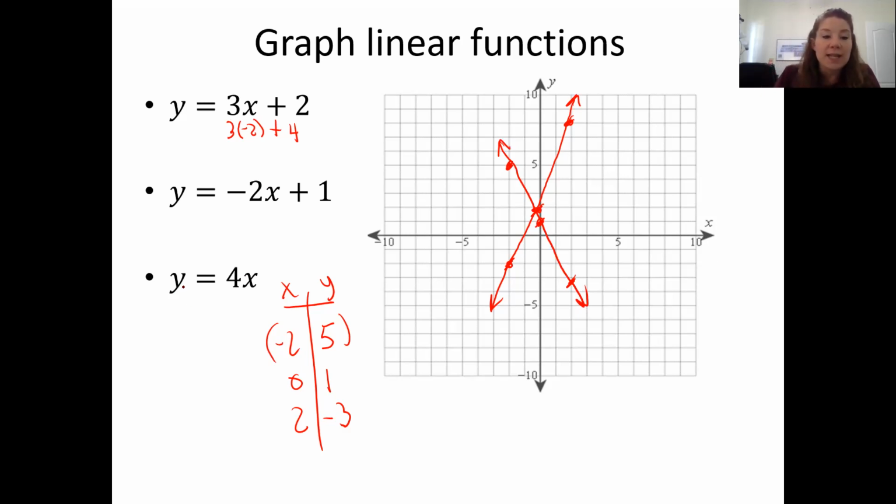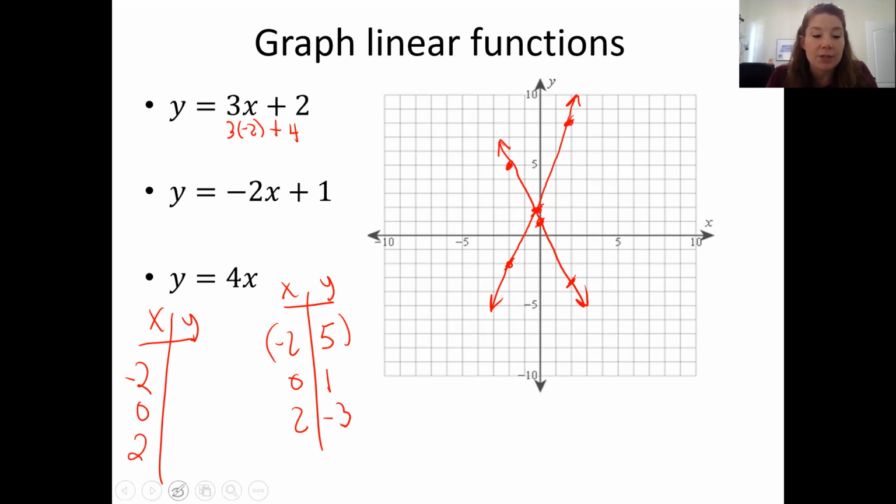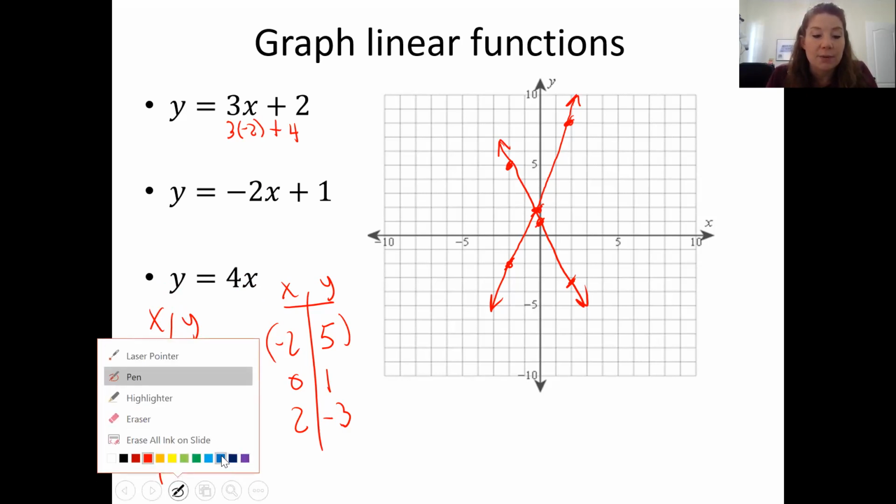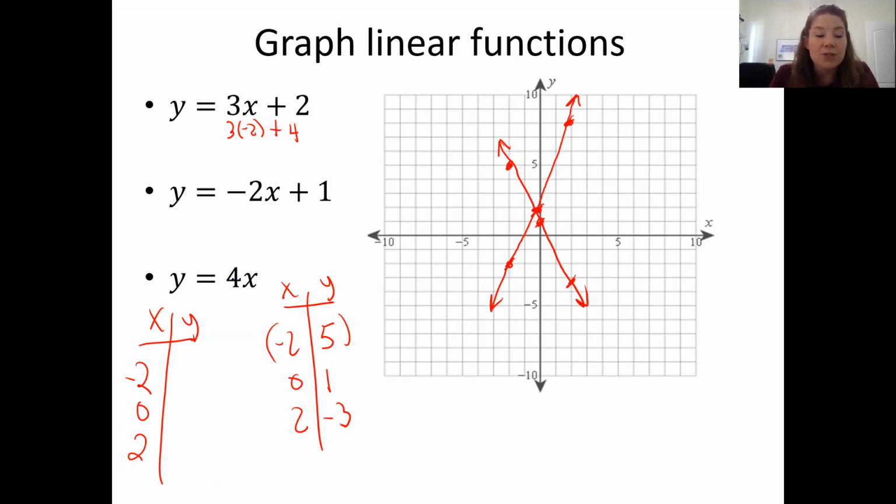And then the last one. Now, this one kind of looks like I'm missing something, but I still have an x and a y, which tells me that my line will be sloping up and to the right or down and to the right. It's not vertical or horizontal because I have both an x and a y. So I'm going to use the same points for my x, and I'm going to use blue this time, or purple, it doesn't matter. So what is 4 times -2?